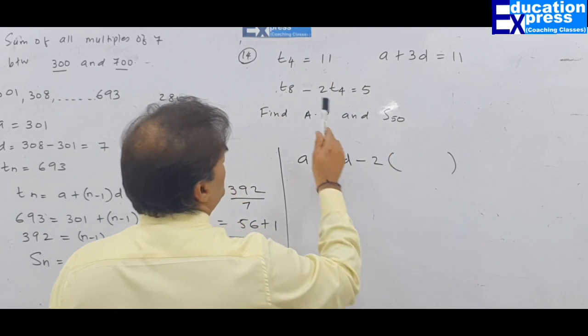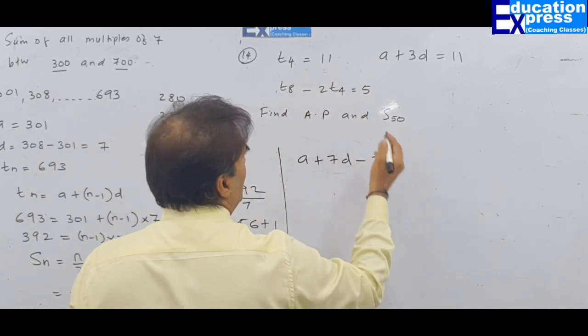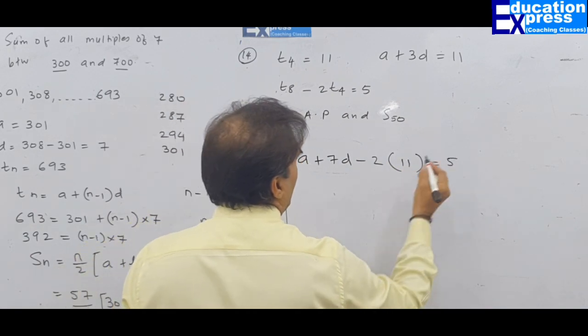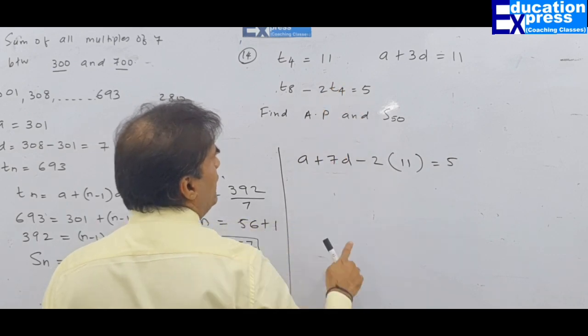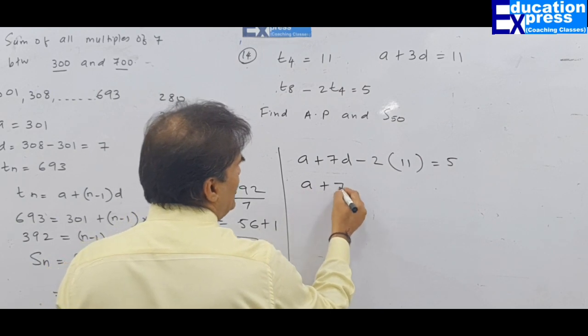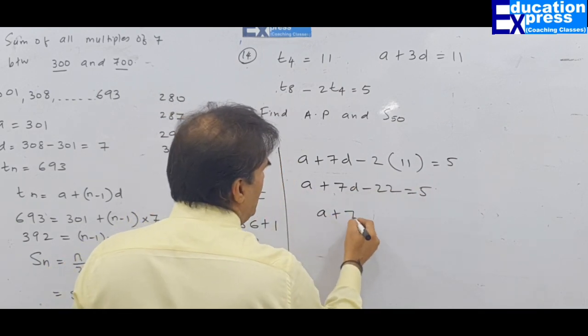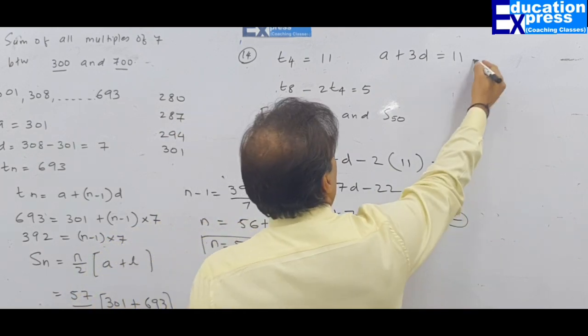The fourth term is already available with us, that is 11. So instead of putting all that, we can simply place 11: equals 5. If it had been not the fourth term but the fifth term, I would have written A plus 4d. So A plus 7d minus 22 equals 5. A plus 7d equals 27. This is the second equation.